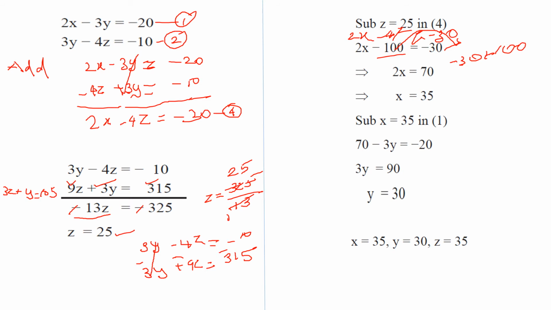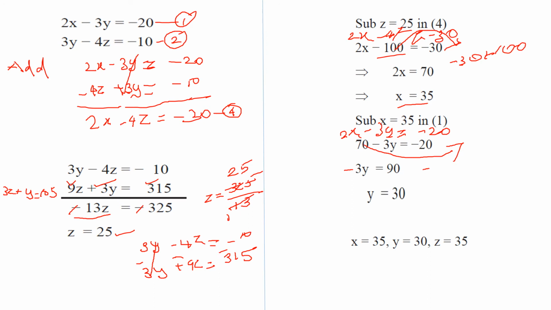So substitute x equal to 35 in the first equation, that is 2x minus 3y equal to minus 20. So 2 into x, 35. 2 35s are 70, minus 3y equal to minus 20. Therefore minus 3y equal to minus 20, that plus 70 will go to the right hand side, minus 70.